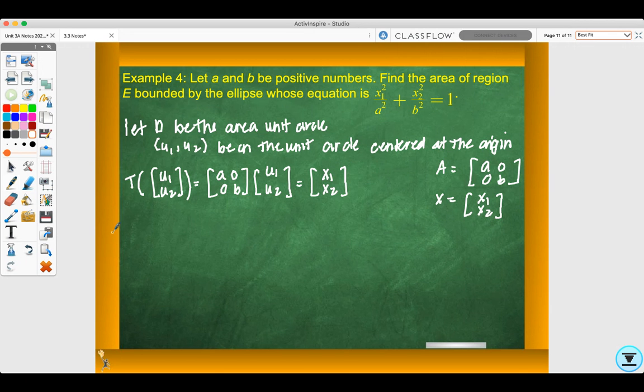And this is our linear transformation T, remember? So then we know that a·u1 equals x1 and b·u2 equals x2, or u1 equals x1 over a, u2 equals x2 over b.